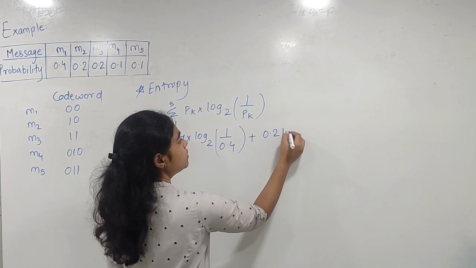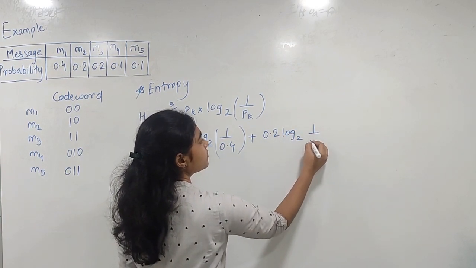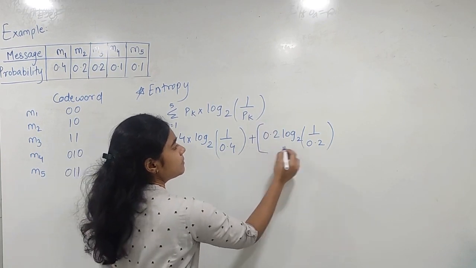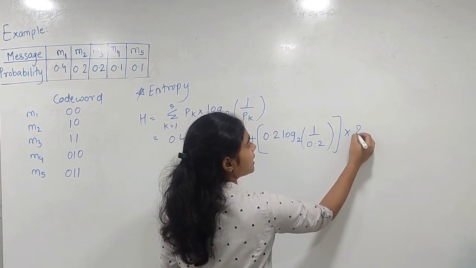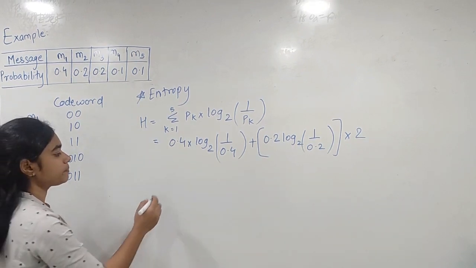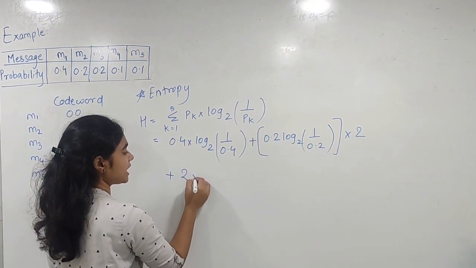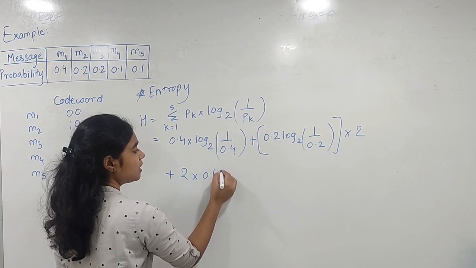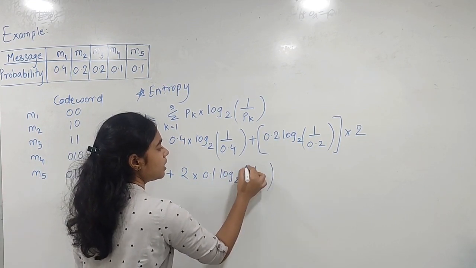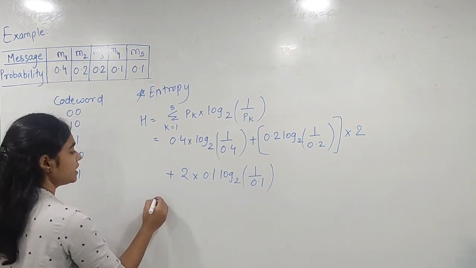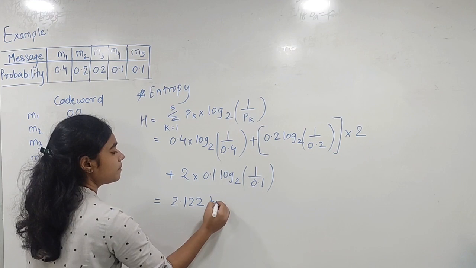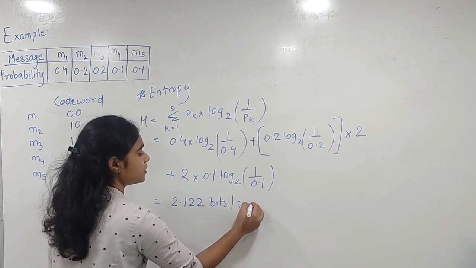So 0.2 log to the base 2 of 1 upon 0.2, and since we have it twice, we simply multiply this entire thing by 2. Then again we have two 0.1s. So we do 2 times 0.1 log to the base 2 of 1 upon 0.1. So after solving this, we get a value 2.122 bits per symbol.